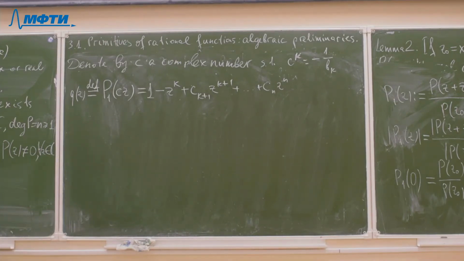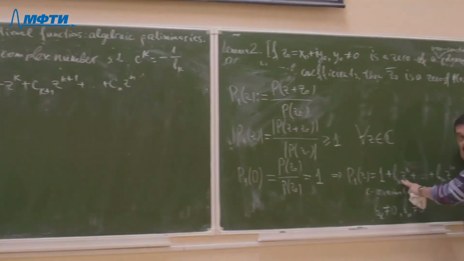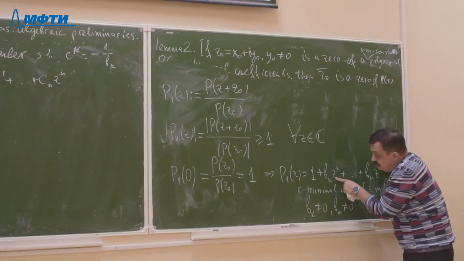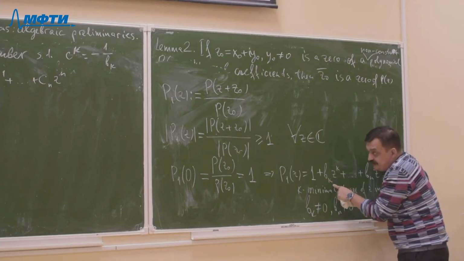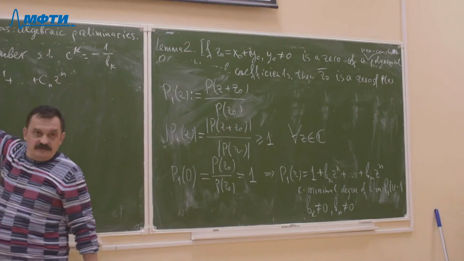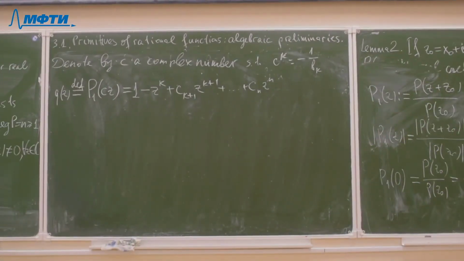Okay? So, we just substitute instead of z, c times z. And c we choose in such a way that c to the power k times b_k is minus 1. So, I wanted to create minus here. Now, look, what is going on?